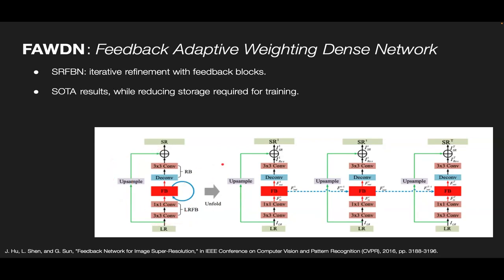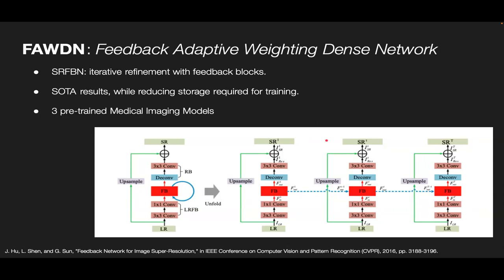Other CNN approaches easily rack up the number of parameters and take up a lot of storage during training. So this process is pretty well known for its ability to reduce the resources needed through the iterative refinement process. Instead of storing multiple high resolution intermediate feature maps, the feedback network stores a single low resolution feature map and then iteratively refines it to generate that final high resolution image.